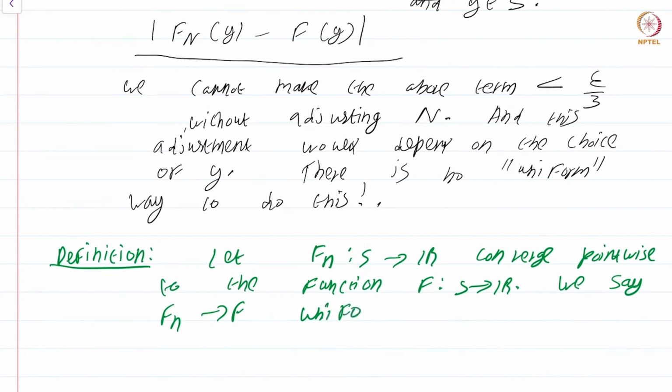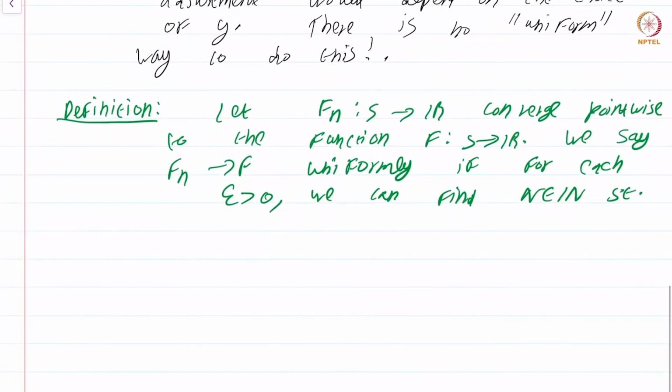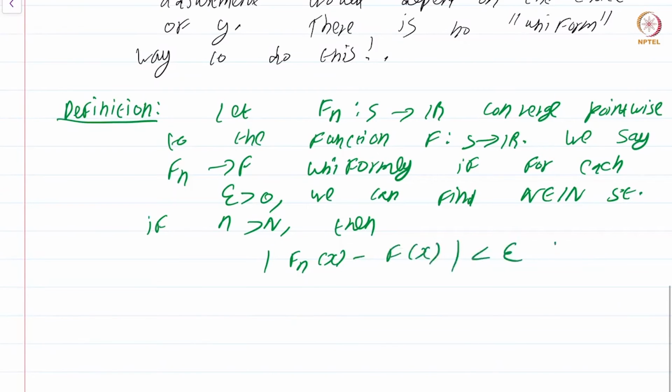So uniform convergence is stronger than pointwise convergence if for each epsilon greater than 0 we can find capital N in N such that if n is greater than capital N, then modulus fnx minus fx is less than epsilon for all x in S.